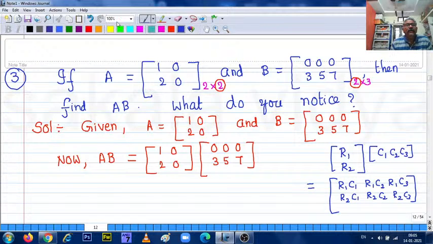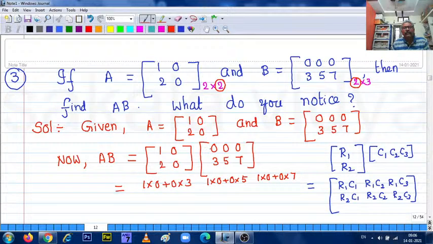Right, now see what we get here. R1C1: 1 into 0 plus 0 into 3. R1C2: 1 into 0 plus 0 into 5. R1C3: 1 into 0 plus 0 into 7.